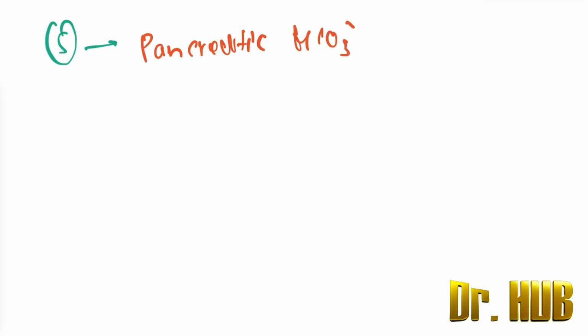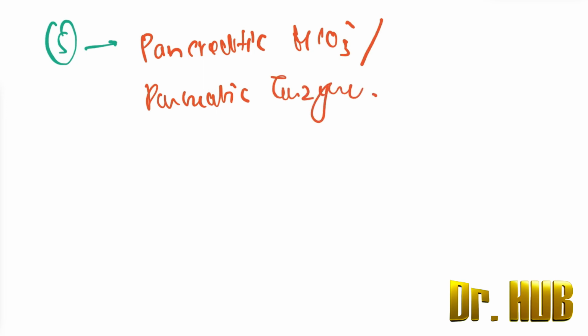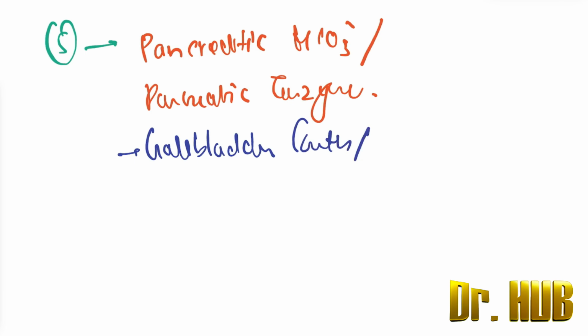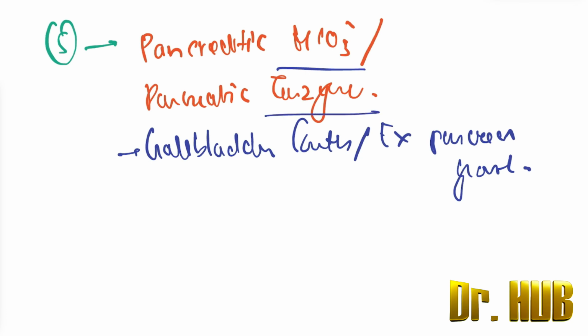The stimulation takes place in pancreatic HCO3 and pancreatic enzymes, as well as gallbladder contraction, and also the exocrine pancreas growth.